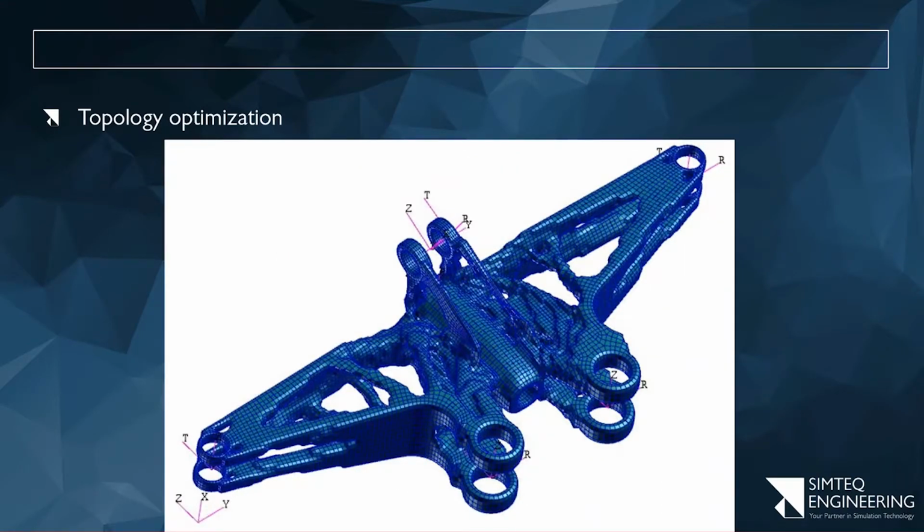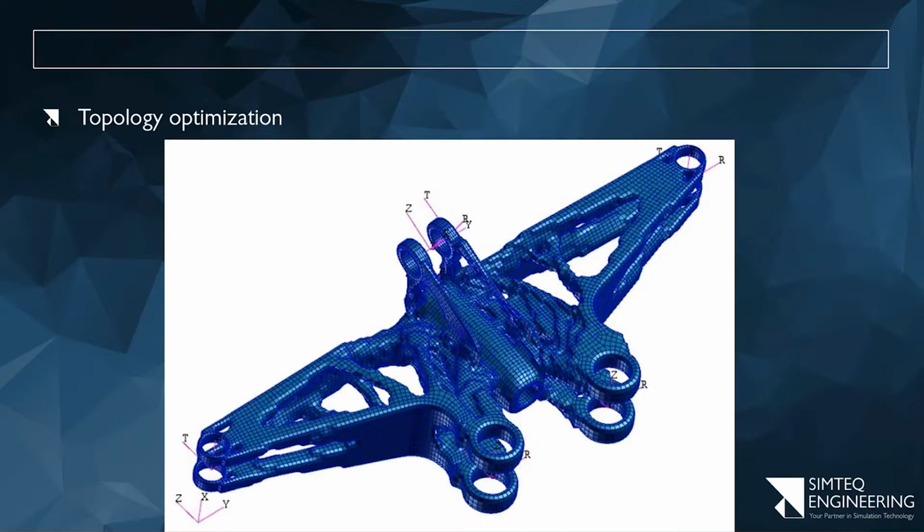And even if you get a nice result like this, it's still not CAD ready or CAM ready or manufacturable per se. So customers then spend many hours trying to develop something that you can actually manufacture or get at least into a format that you can work with in a CAD package.